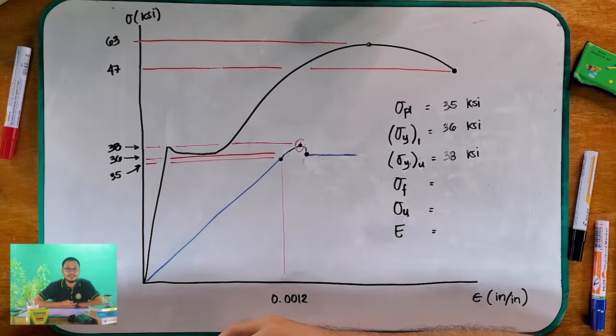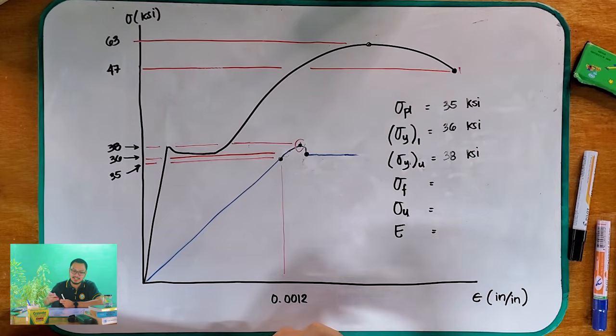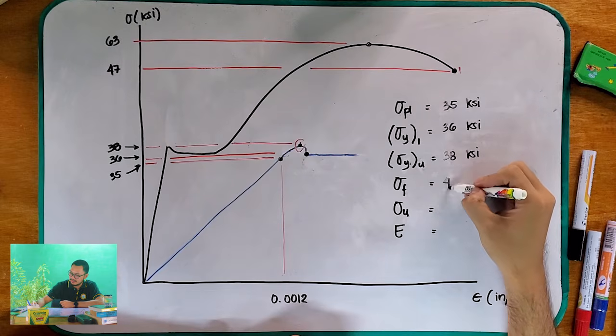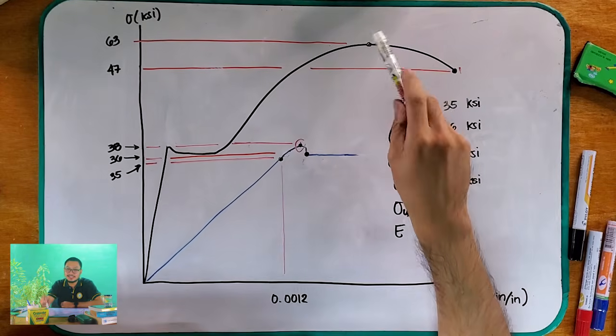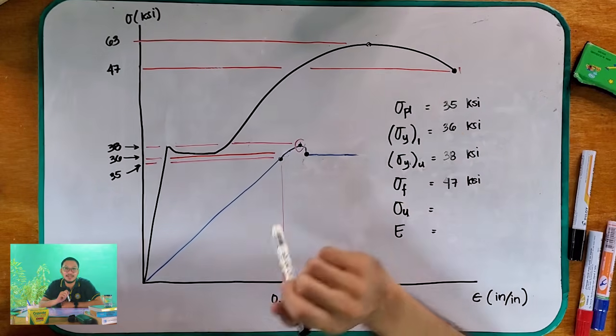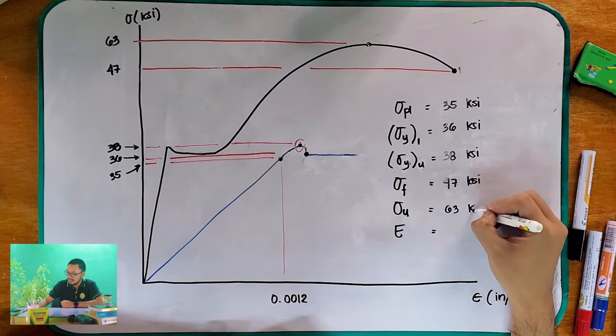For your fracture stress, where is it located? We said that it is located at the end of the curve. So basically, this is your fracture stress, which is 47 KSI. And for your ultimate stress, you just look for the highest value, located at the topmost part of your curve. So that is your 63 KSI.